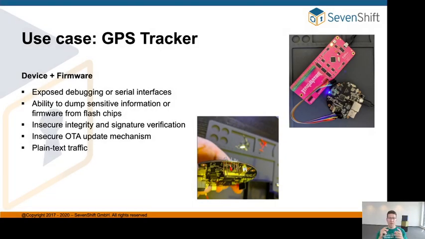If you find flash chips on there, you can connect directly to them and dump the contents of these things. Often there's no integrity and signature verification of the firmware. That means I can upload any firmware I want onto the device. Insecure over-the-air update mechanisms, and plain text traffic going out of the device.